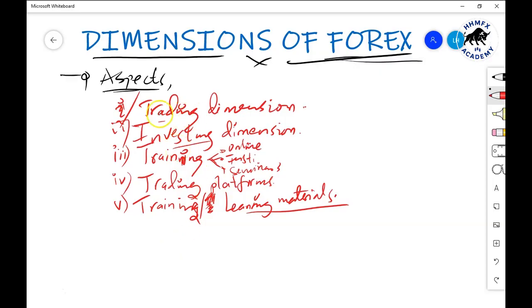Don't concentrate on only one aspect, trading, which is mostly considered by many people who enter this industry. Now you can have a wide understanding of those dimensions and choose 2 or 3 dimensions, or 1 dimension, and then concentrate on it.